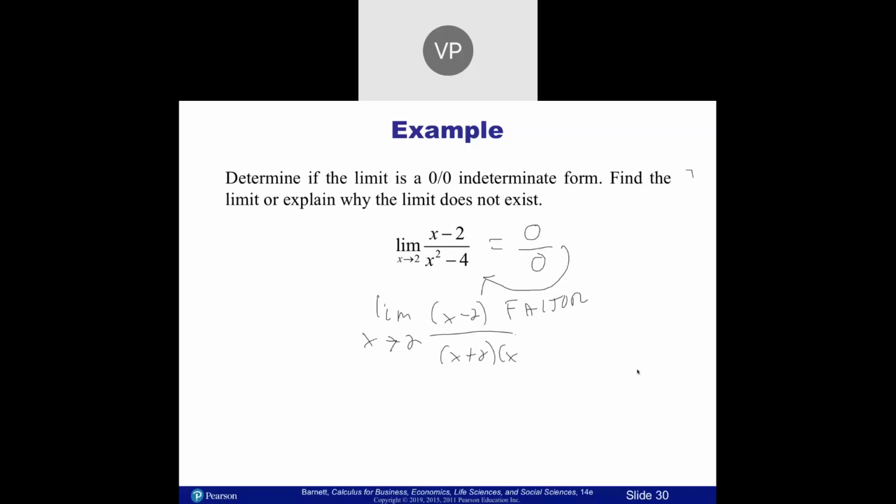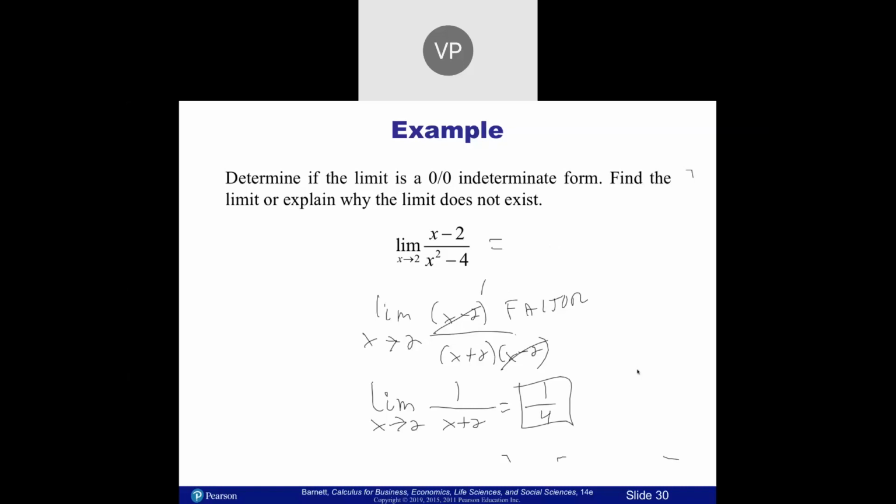On the bottom we have an x plus 2 and an x minus 2. These cancel. And now our limit, as still x approaching 2, we just have a 1 on top and we have an x plus 2 on the bottom. Now plug in the numbers and you see how we get a 1/4.